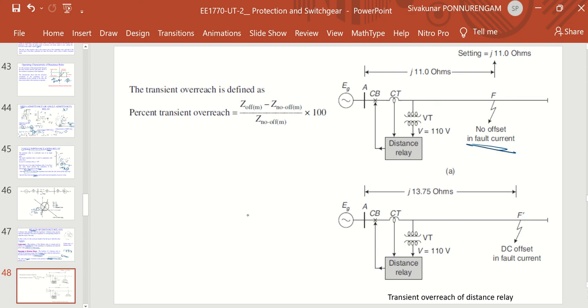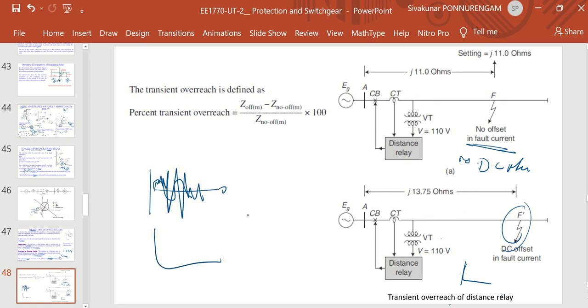Suppose the offset is available in the fault current; this gives transient overreach in the distance relay. With no DC offset, there is no change. But with DC offset, the current oscillates about a shifted point instead of the zero point.